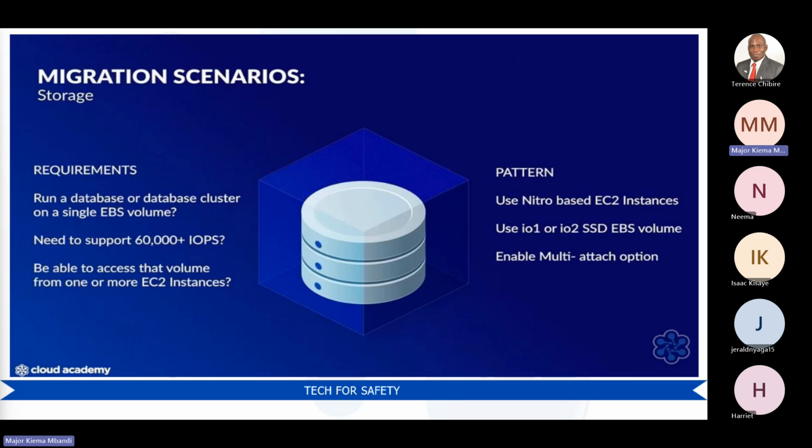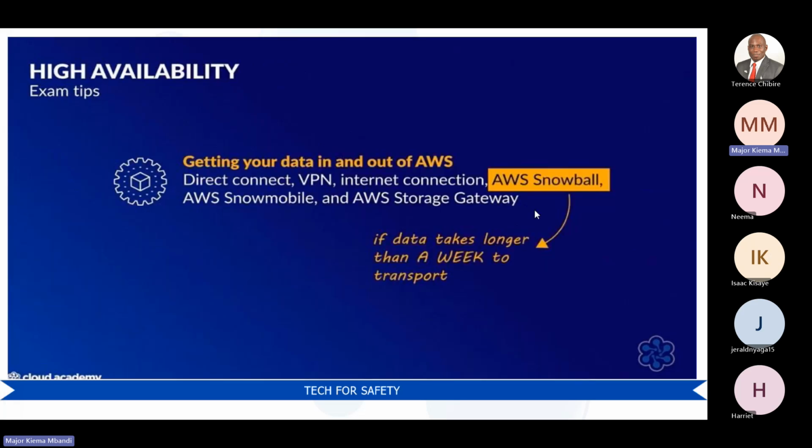Still on the migration scenario of storage requirements: running a database or database cluster on a single EBS volume that needs to support 64,000-plus IOPS, input-output operations per second, and being able to access that volume from one or more EC2 instances. Pattern: use Nitro-based EC2 instances here.